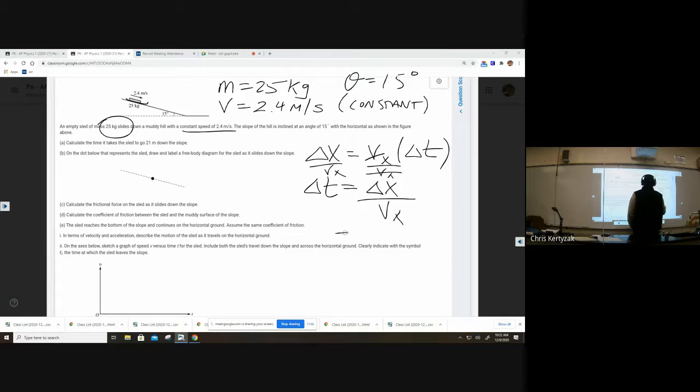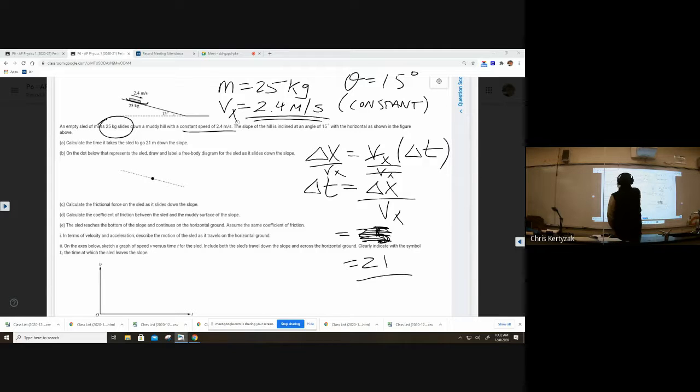You get delta x over vx. Delta x was the slope length, which was 25 meters. Sorry, oh no, sorry. 21 meters divided by the horizontal speed that they gave us, vx.